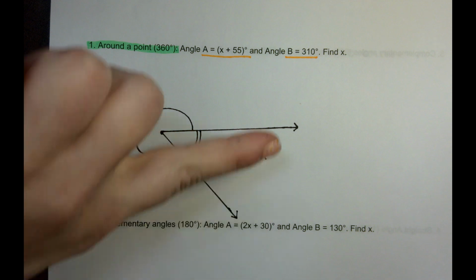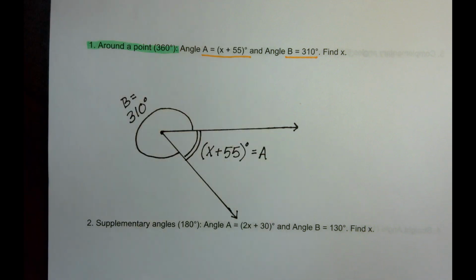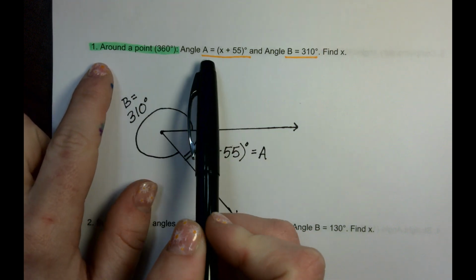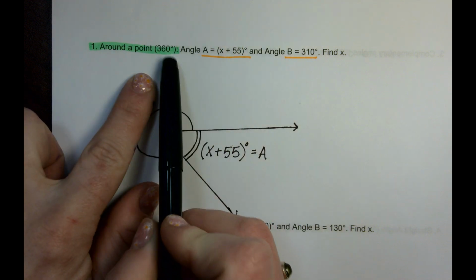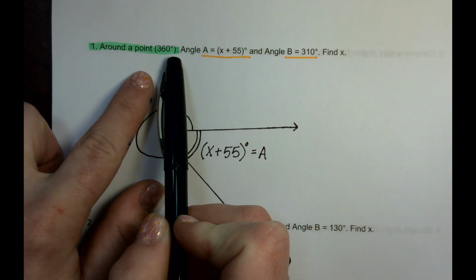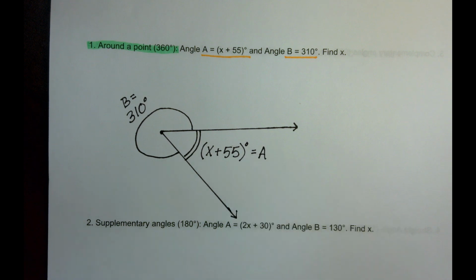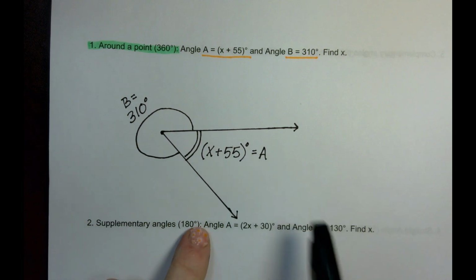Angles around a point is just like another relationship similar to complementary angles, 2 angles that add up to 90 degrees, and supplementary angles, 2 angles that add up to 180 degrees. Angles around a point are angles that add up to 360 degrees. So it's just a different number that we're setting them equal to.